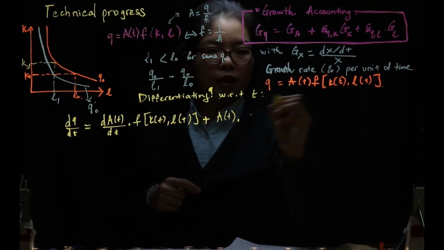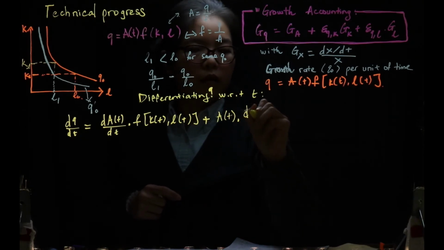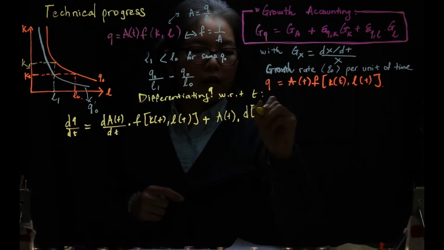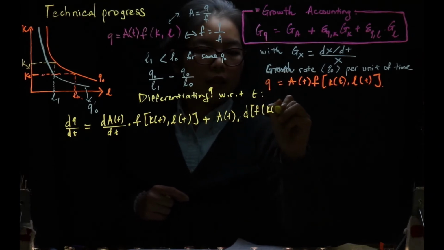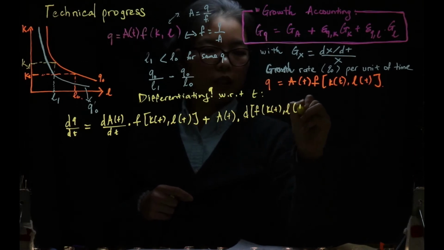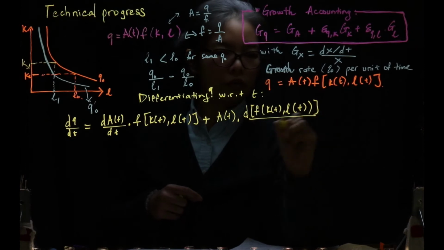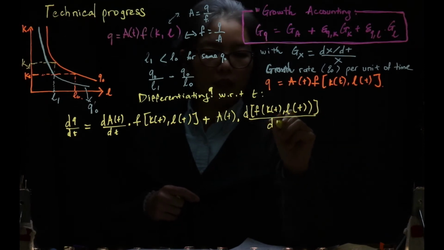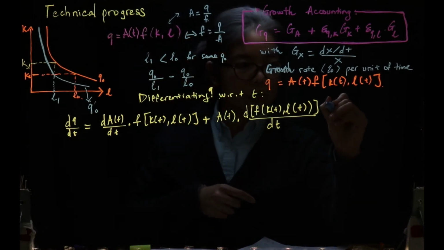So this is d of F of K(t), L(t) with respect to t, right? Let's write it here. So this is the product rule.